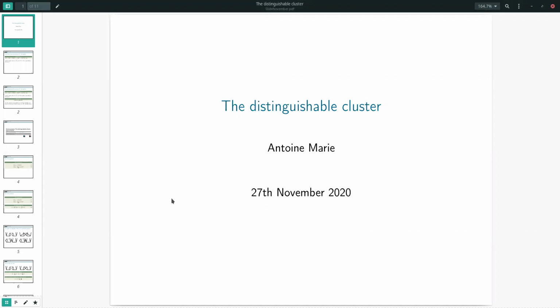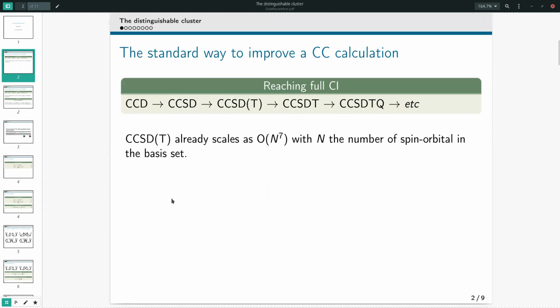So I'm going to present you the distinguishable cluster, which is an alternative method to coupled cluster. The standard way to improve a coupled cluster calculation is by growing the number of excited states and reaching full CI.